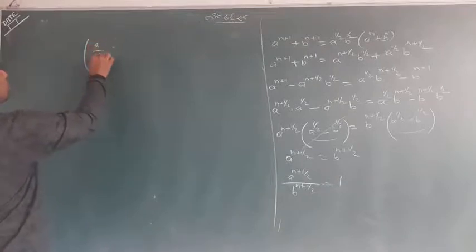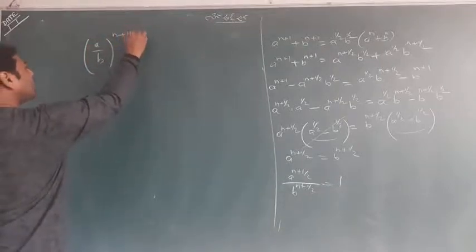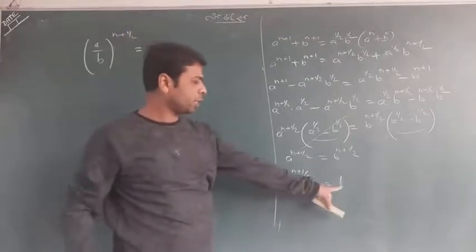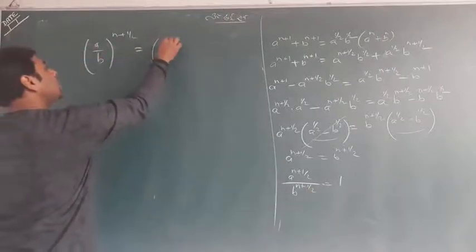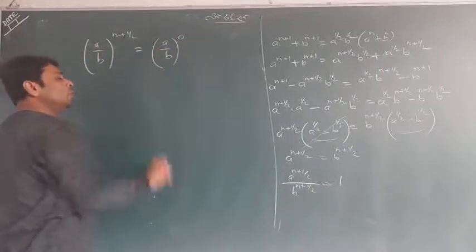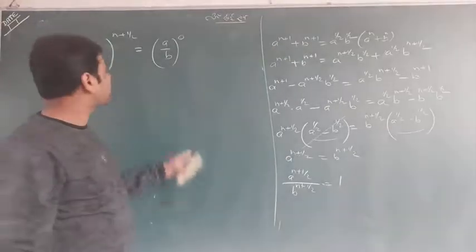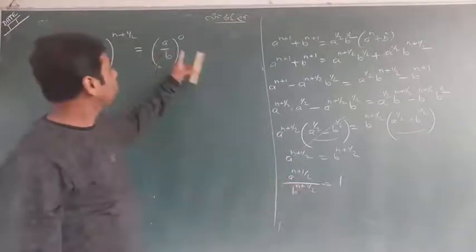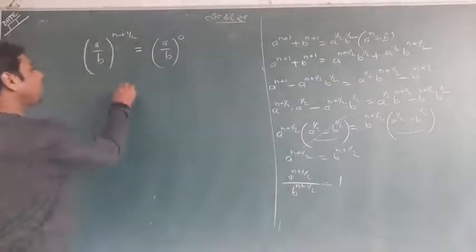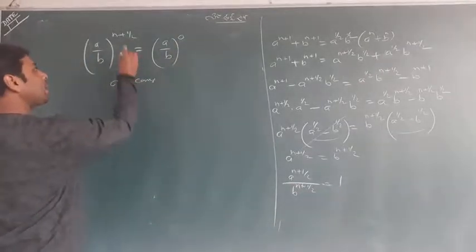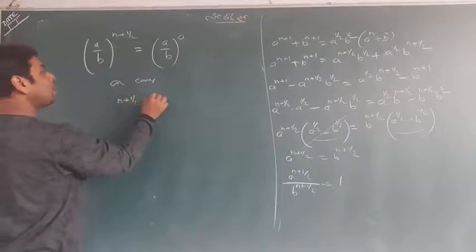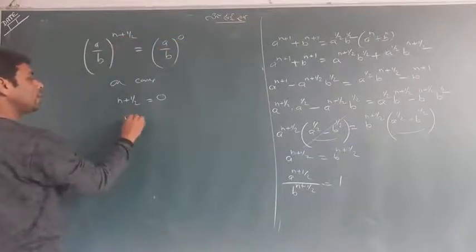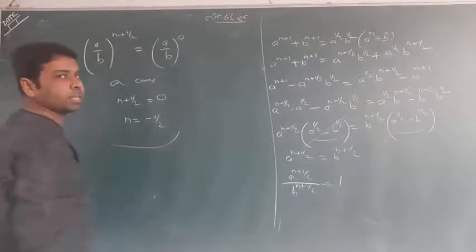Make a by b whole power n plus half, and this one intentionally I will write a by b to the power 0. Why I use a by b is because left hand side's base is a by b. Second thing is I need 1 only, so you know power of zero is 1, and then we can compare. So we can compare its power n plus half is equal to 0. So n is going to be minus half. It's the answer of the question.